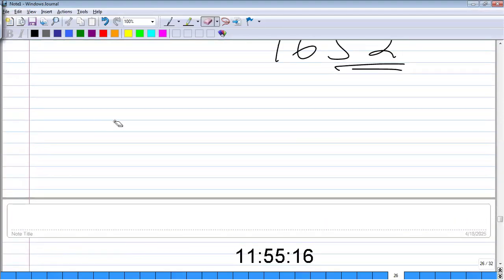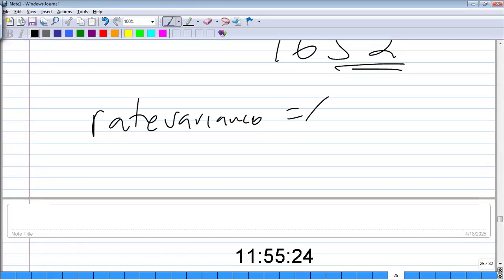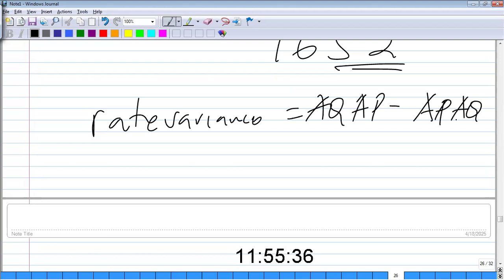We have the rate variance being equal to AQ times AP minus SP, AQ, okay?